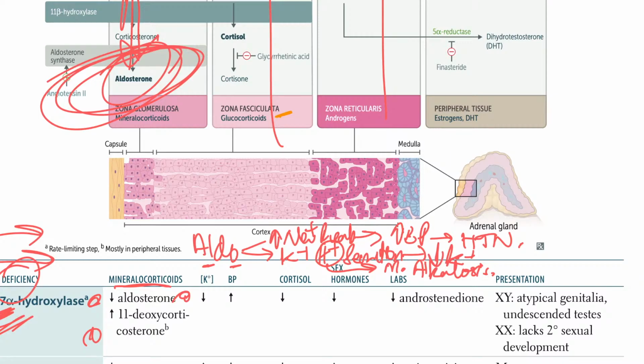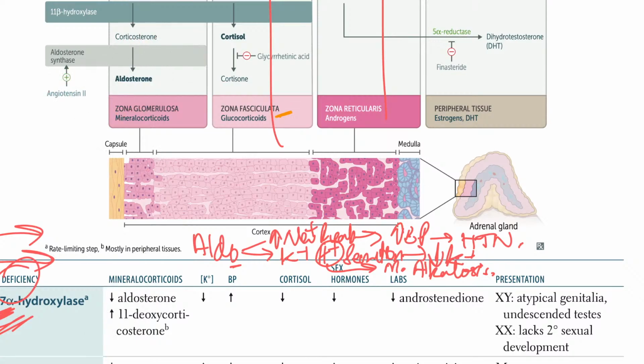So with this, let's take a look at 17 hydroxylase. So 17-hydroxylase deficiency, they have mentioned that you have decrease in aldosterone. Why is that? I have no clue. But okay, maybe, well, I will take a look at that.